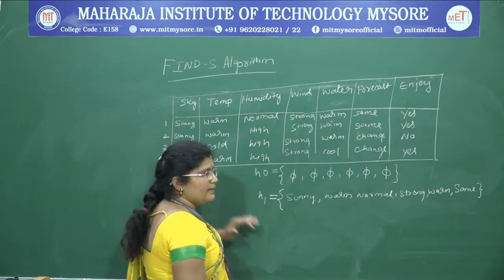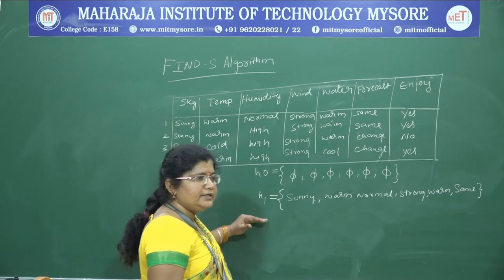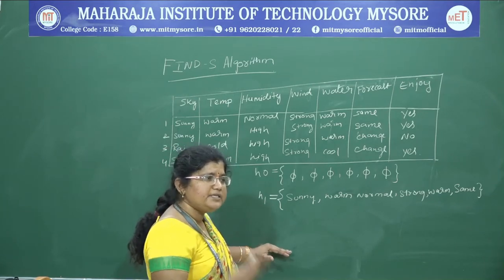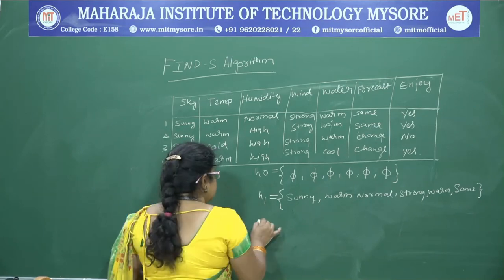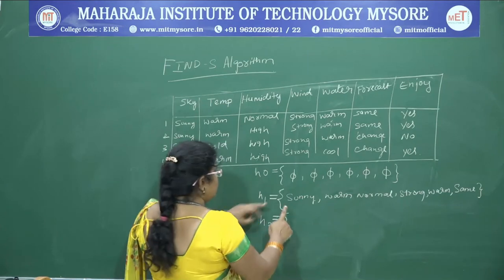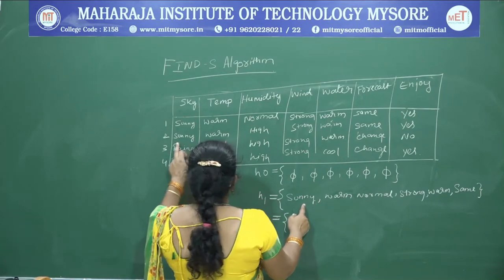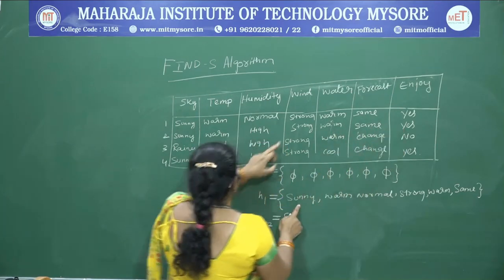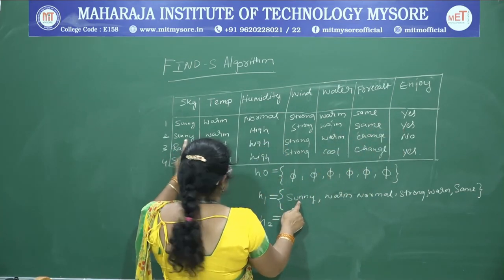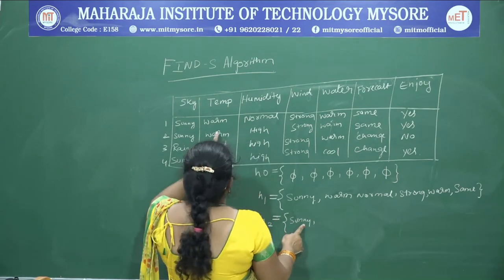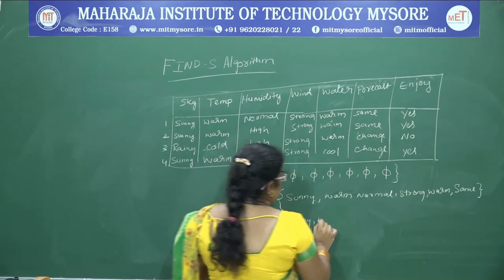By comparing these two, it tries to find once again the maximally specific hypothesis, that is H2. H2 is equal to, now compare the H1 hypothesis with the second row of the data set where the training example is yes. Sunny remains the same, warm remains the same.